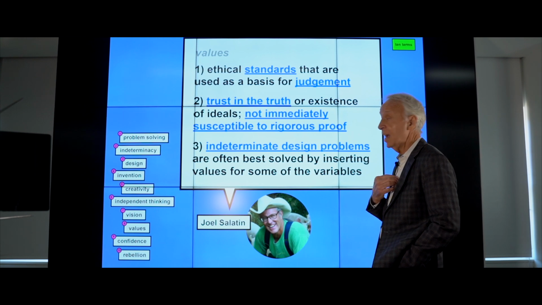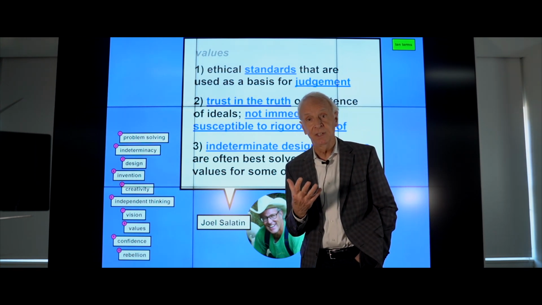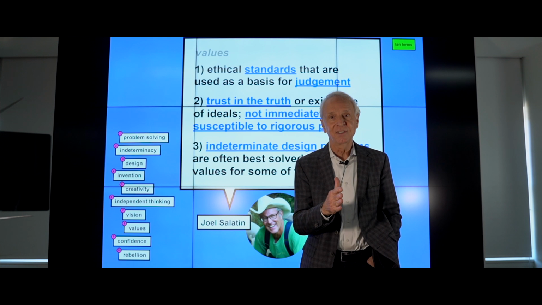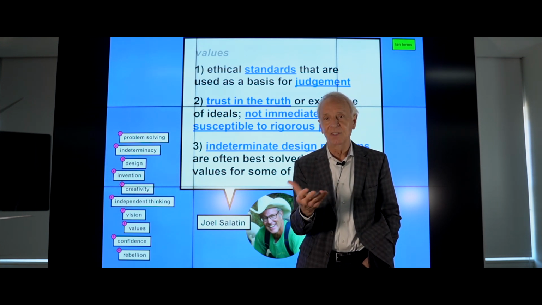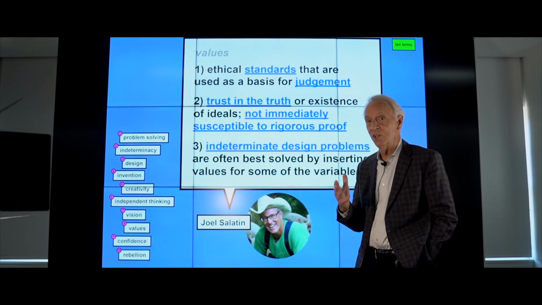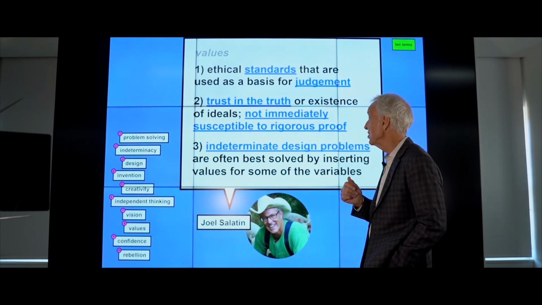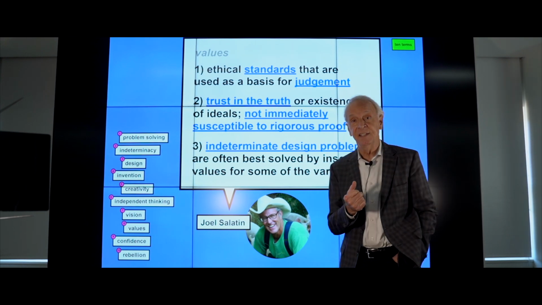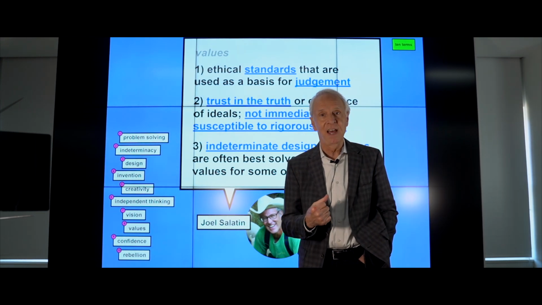So values are ethical standards that are used as a basis for judgment. It's not a fact. If there's only one way of seeing this and it's a fact, then that's not a value-laden thing. It's something that you're using judgment. It's trust in the truth or existence of ideals, not immediately susceptible to proof. If you can prove it, it's a fact, it's not a value.